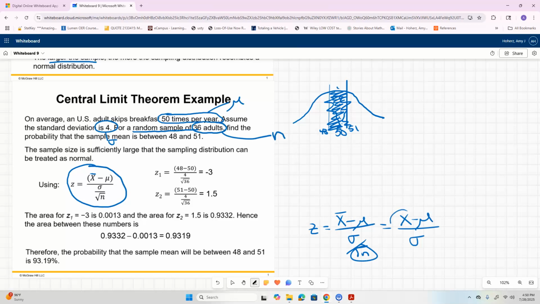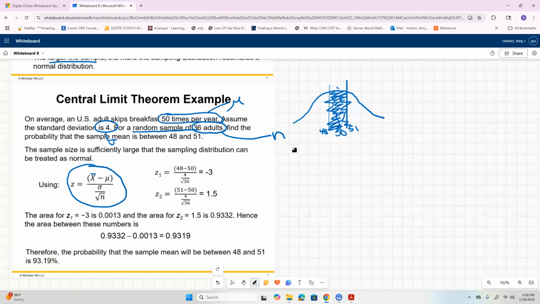It's just that when you're talking about an individual, that individual's average is just itself. And the n is 1, so I don't have to really do sigma divided by 1 because that's just sigma. So it really is the same formula, but we used the simplified version before. So now we know that we're going to use the central limit theorem formula because we have an n. If we have a sample, we're doing central limit theorem.